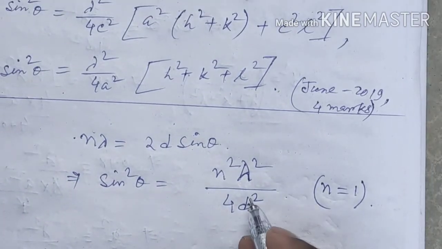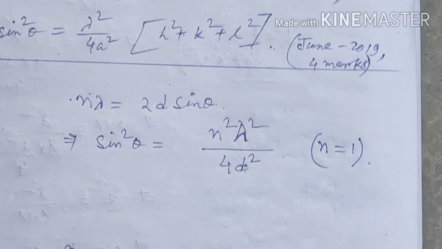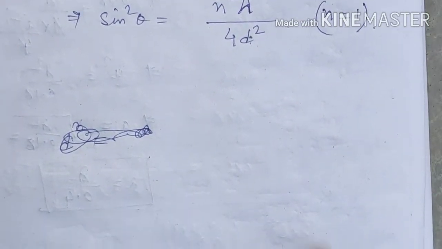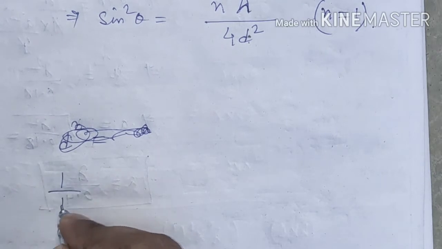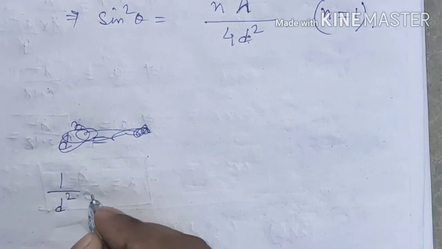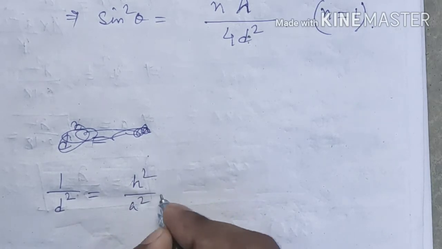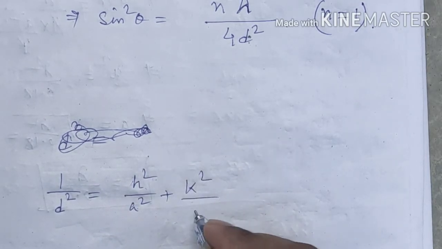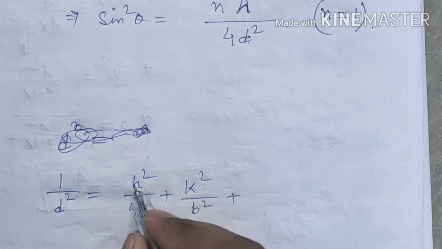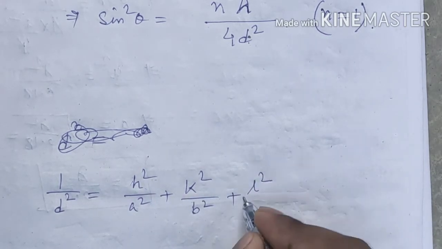Now the value of d square in this equation we can calculate using the formula as I have discussed previously, as 1 by d square is equal to h square by a square plus k square by b square plus l square by c square, if the Miller indices are h, k and l.